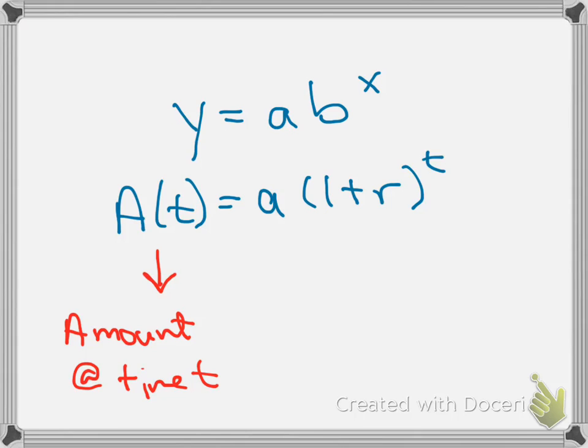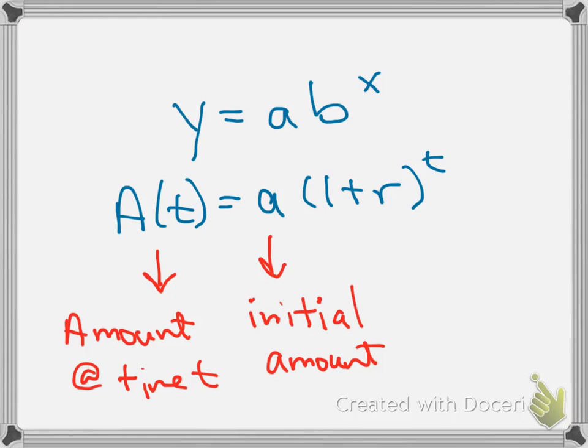That could potentially be an exponential situation. Then notice that these a's are exactly the same. That hasn't changed from our first form of the equation to the second. It is important to point out that no matter which way you're looking at the exponential equation, a represents your initial amount, how much money or stuff you are starting with.